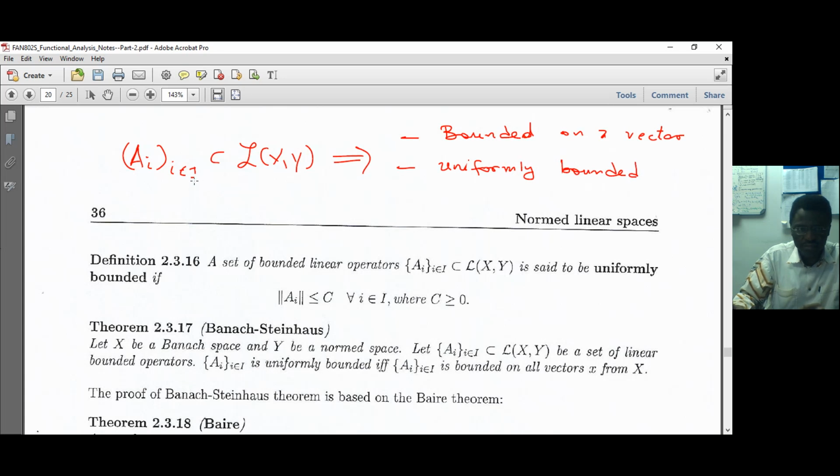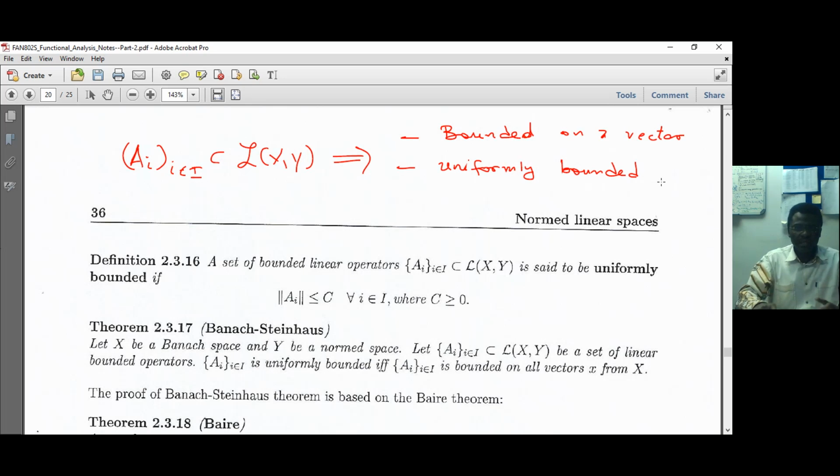So that's important. If I have a family of bounded linear operators like this, it can be stated whether it is bounded on a vector or uniformly bounded.